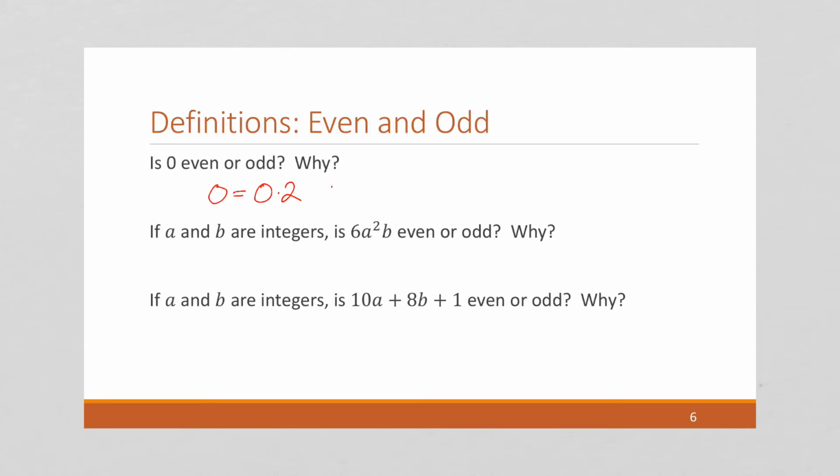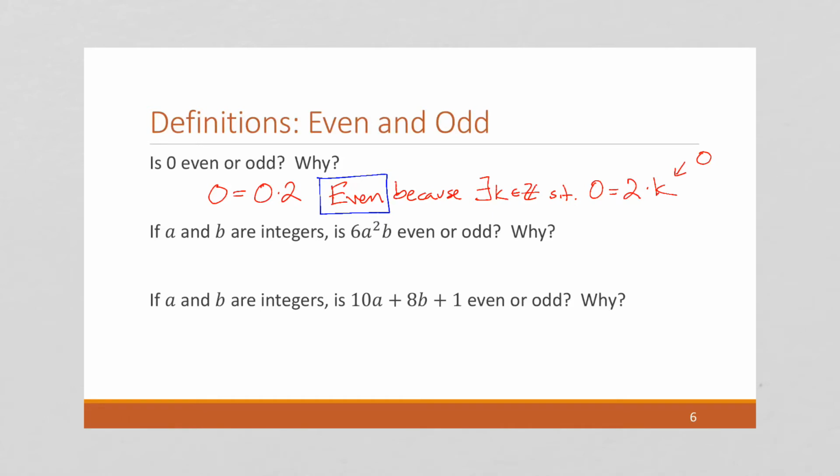So we say that 0 is even because there exists an integer k such that 0 equals 2 times k. In this example, k is 0. So even though it might seem a little odd, this is even.